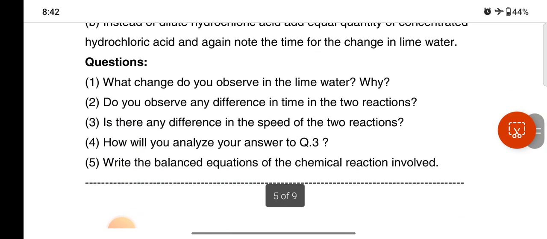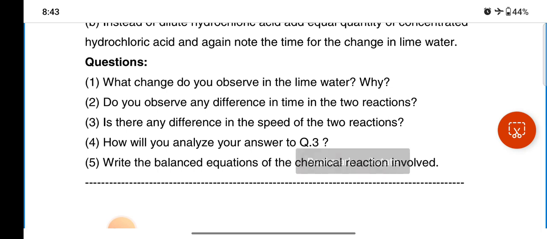Question first. What change is to be observed in the lime water? Why? Second question, do you observe any difference in the time taken for the reaction? Third question, is there any difference in the speed of the two reactions?